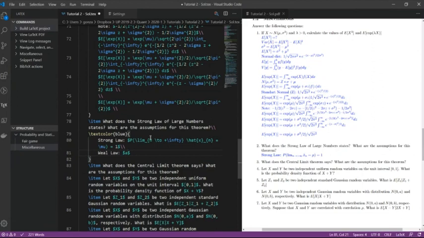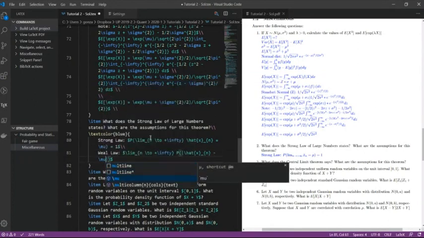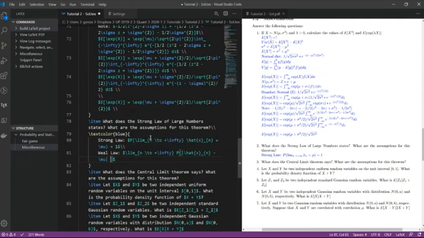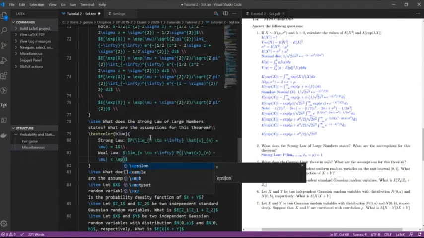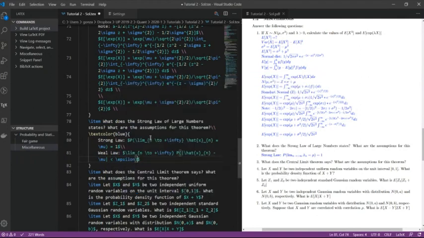On the weak law, you have that the limit when n tends to infinity of the probability of the absolute value of x of n minus mu is less than epsilon, on basically no cases.